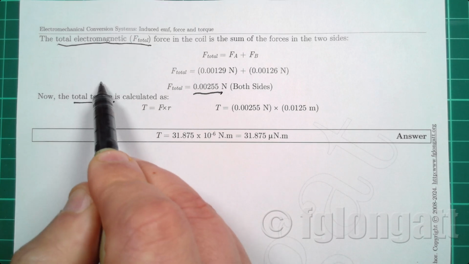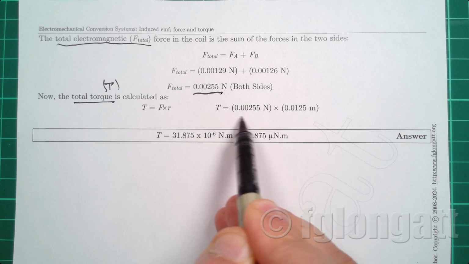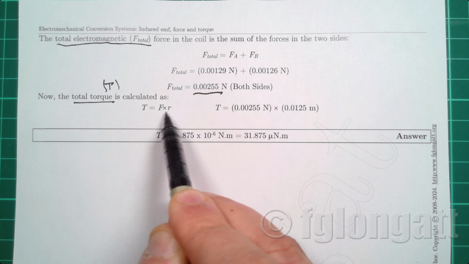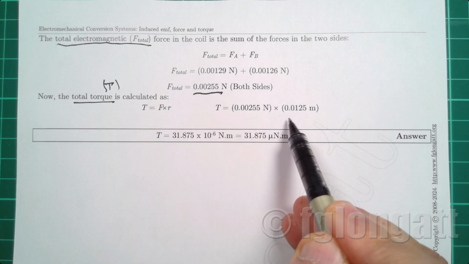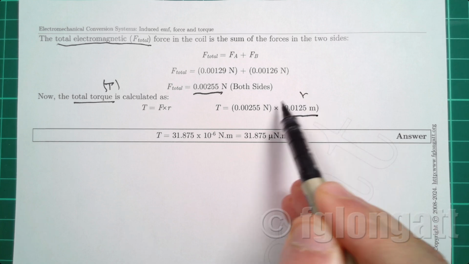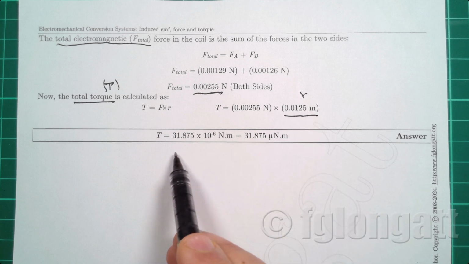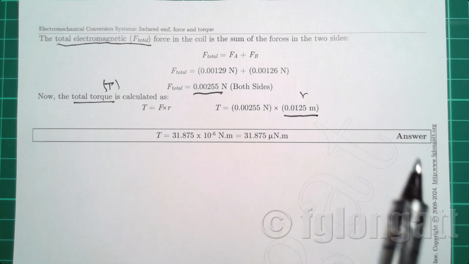So the total torque T will be the total force multiplied by the distance creating the torque. In this case, remember, it is R that we already showed is 0.0125 meters. So the numerical result is here.